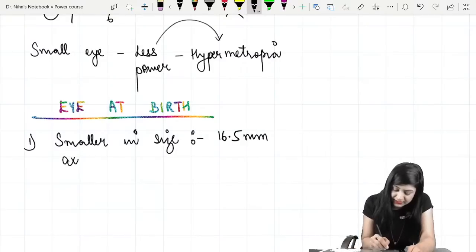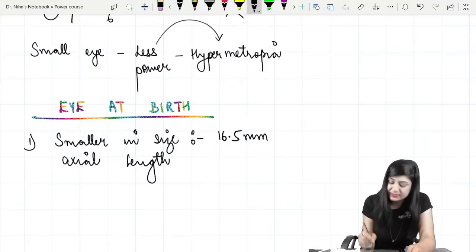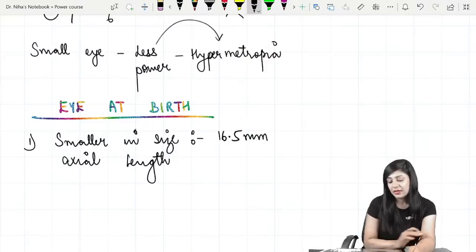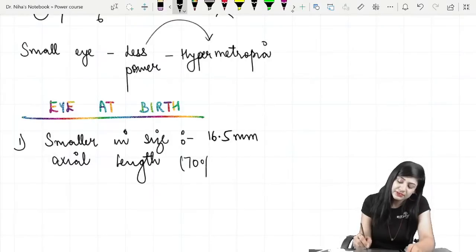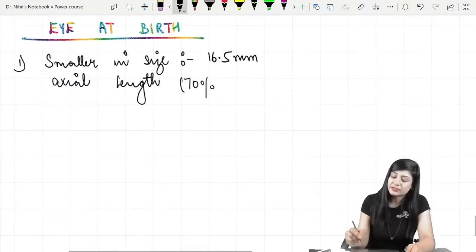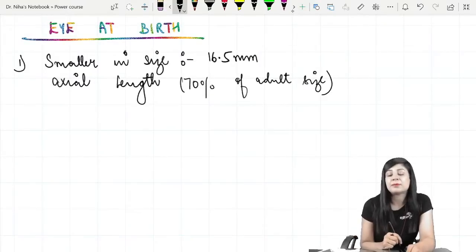This is the axial length. The axial length is 16.5 mm, and this 16.5 mm is 70% of the adult size. At the time of birth, it is 70% of the adult size.